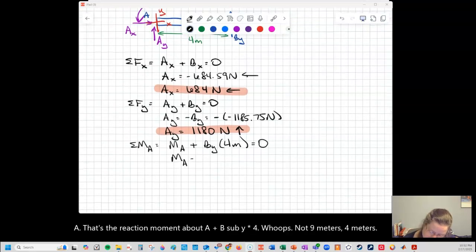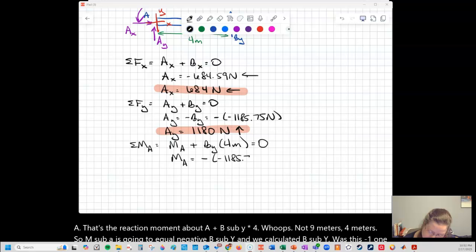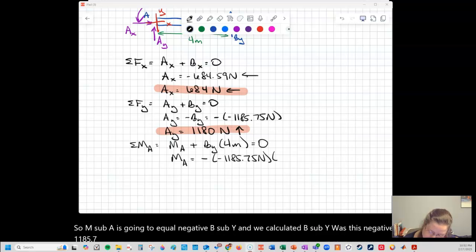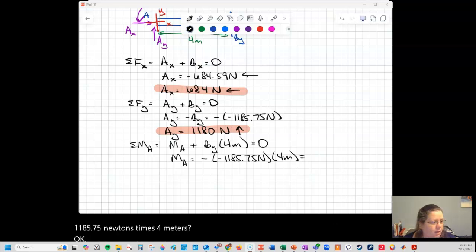So M sub A is going to equal negative B sub y, and we calculated B sub y was this negative 1185.75 newtons times 4 meters. Okay. And that ends up equaling 4743 newtons times meters.